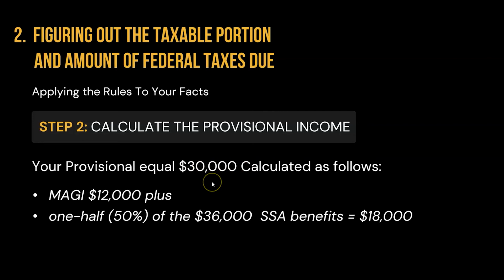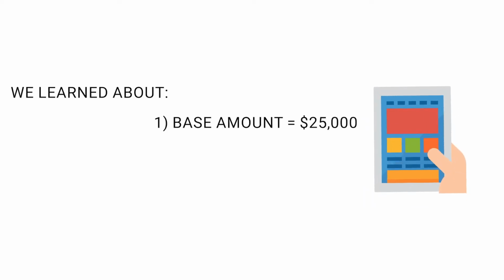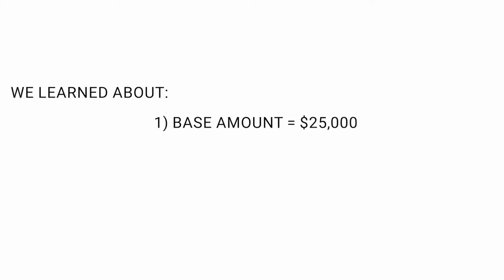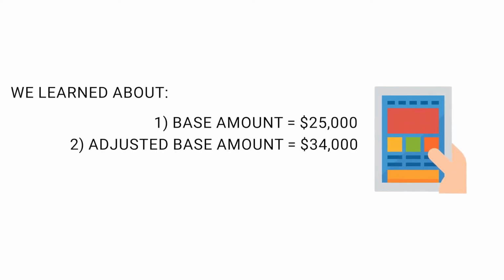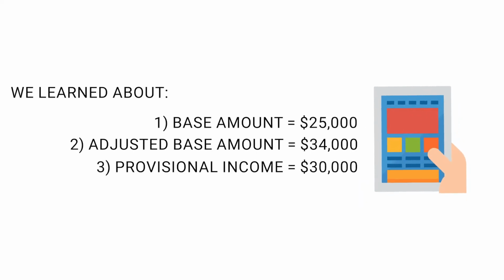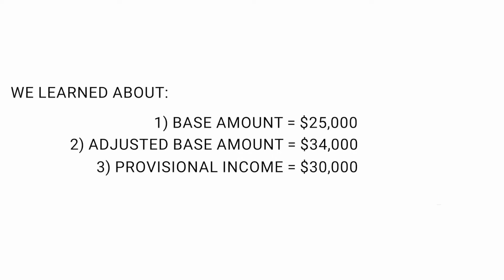So now we know provisional income. So keep that in mind. So far, we know our base amount for single filers, which is 25,000. We know our adjusted base amount, which is 34,000. And then we know our provisional income, which is 30,000. So let's move on. All right.